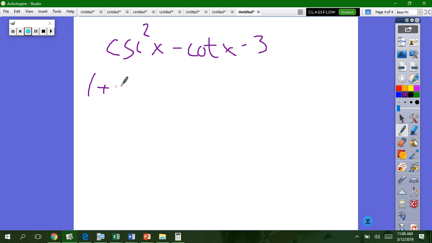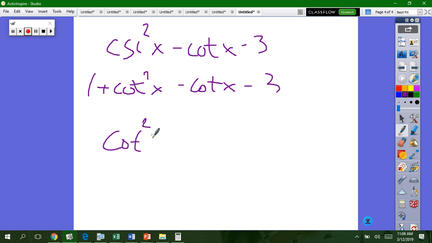What do we say this was? Cotangent, right? So what's another way to write this? Cotangent squared of x minus cotangent of x minus 2. Yes, no, maybe so?